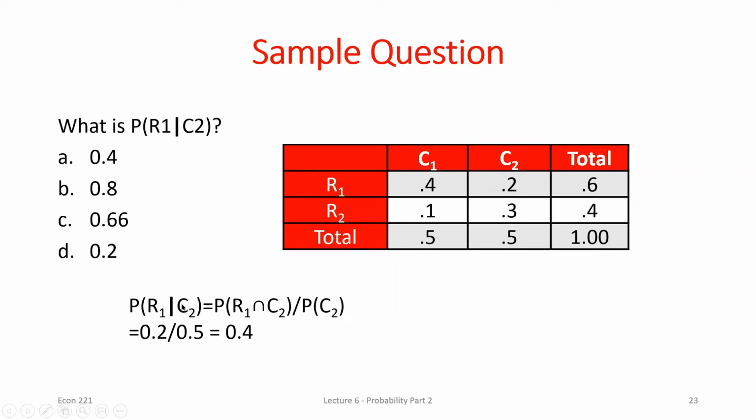Once I've conditioned on C2, I'm no longer looking at the entire experimental outcome area. I'm only looking at half of it, right? And of that remaining half, how much is in R1? Well, 0.2 of that 0.5 area is in R1. And that's essentially 0.2 out of the 0.5 area, which is how we're getting that conditional probability.